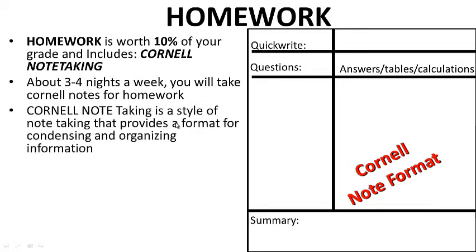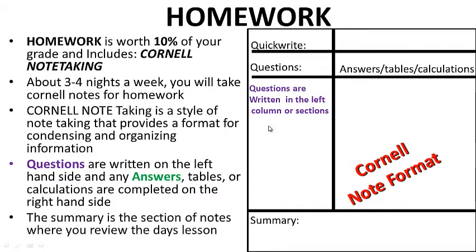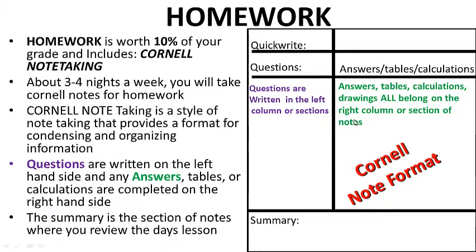Cornell note-taking is a style of note-taking that provides a format for condensing and organizing information. It's also what they use at, you guessed it, Cornell University. So questions will be written on the left-hand column or section. The answers, tables, calculations, drawings, these all go on the right column or section of notes.